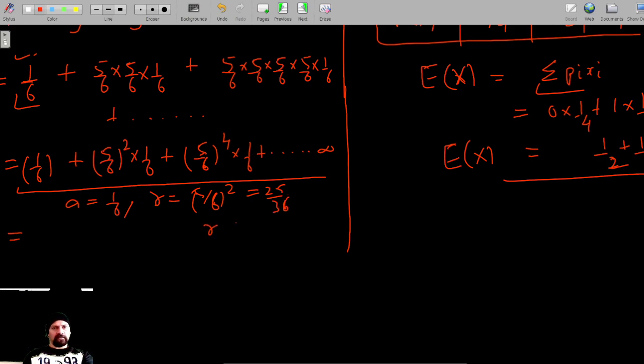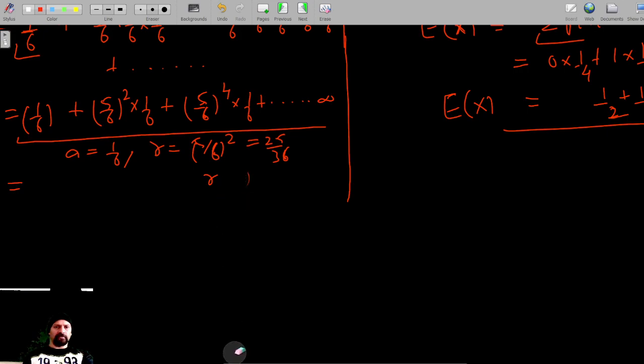So here r is less than 1, and we know that to find the sum of the GP till infinity, the formula is a upon 1 minus r.